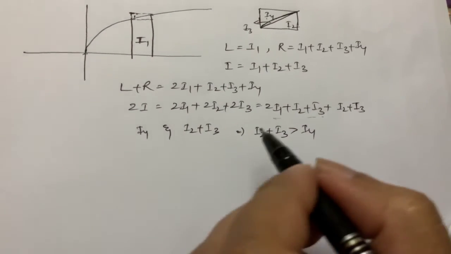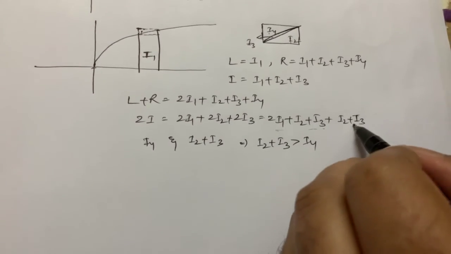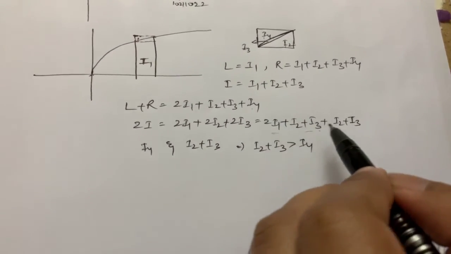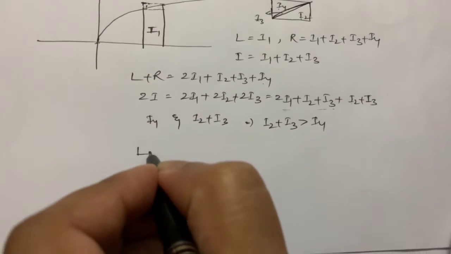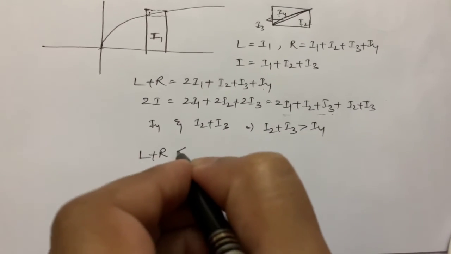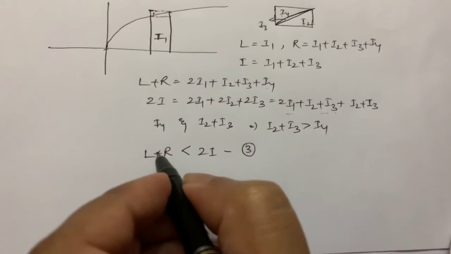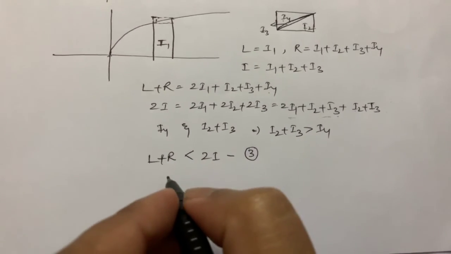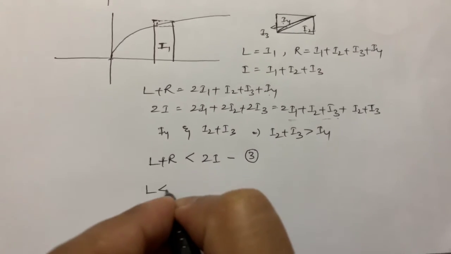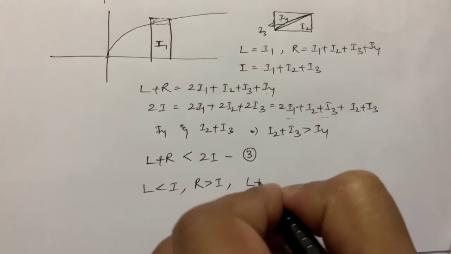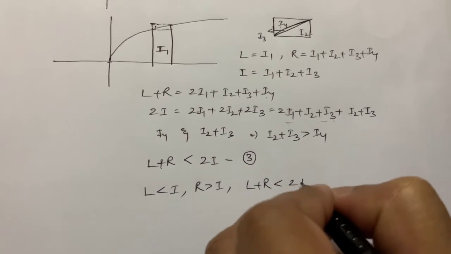So, I2 plus I3 is greater than I4. This value is lesser than this value. So, L plus R is strictly less than 2I. So, what we have here is L is less than I, R is greater than I, and L plus R is less than 2I.